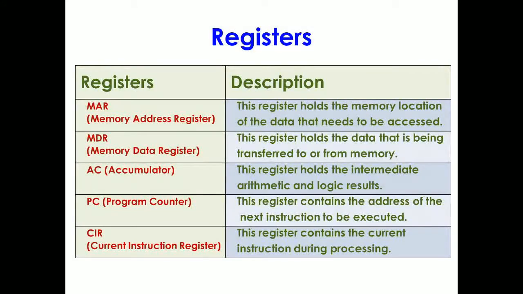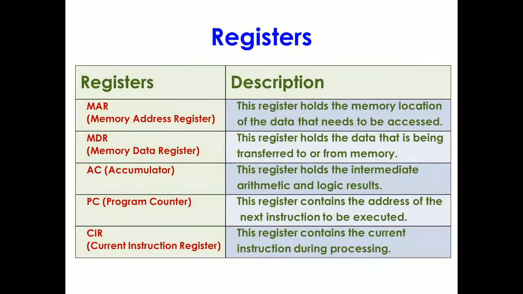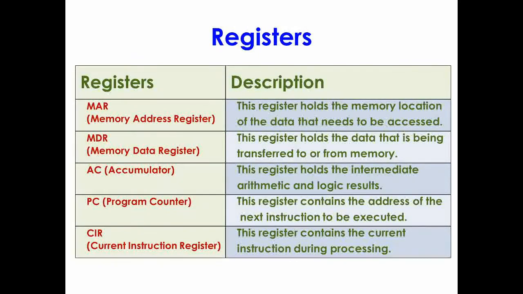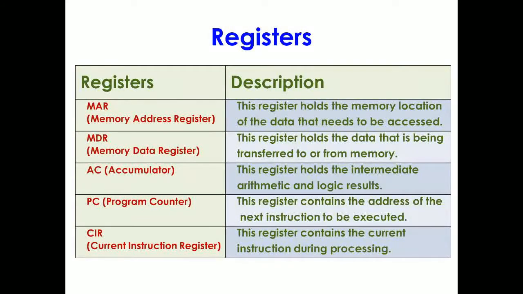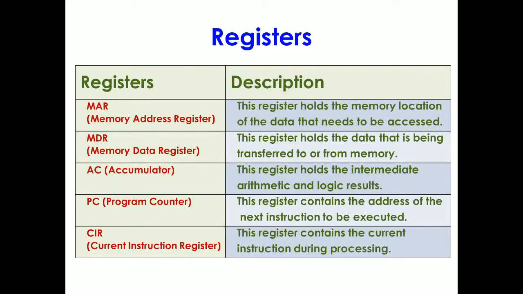Once one instruction is executed, the computer gets the address of the next instruction from the program counter. Current instruction register. This register contains the current instruction during processing. When the computer is processing the information, the current instruction register will be storing the instruction that is required to be processed.